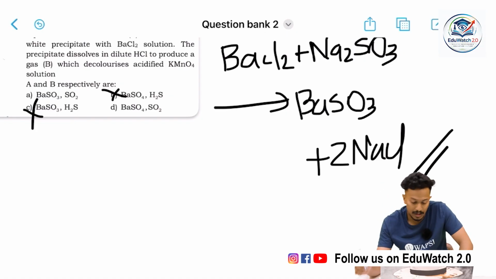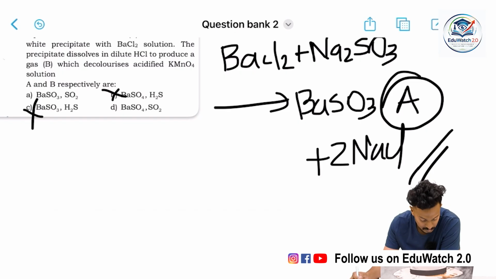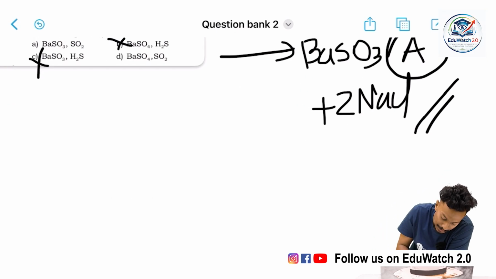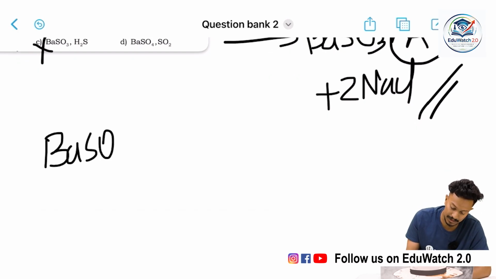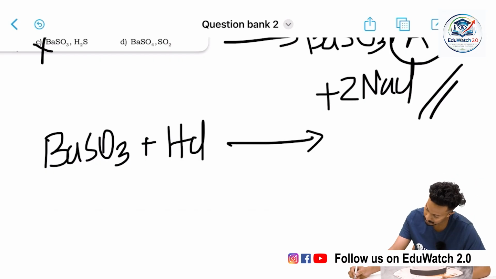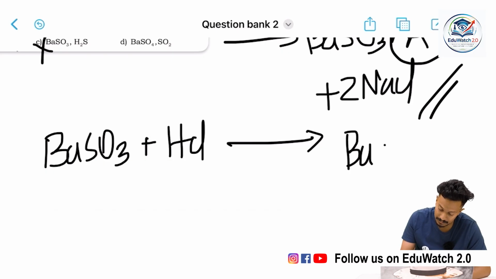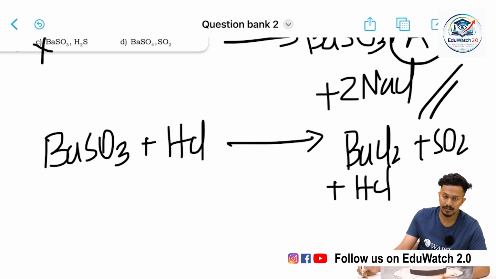This is compound A, BaSO3. When BaSO3 is treated with hydrochloric acid, BaSO3 plus HCl gives barium chloride plus SO2 and water, right?